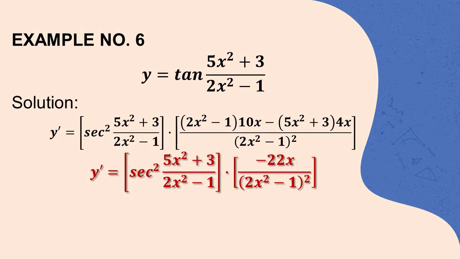So for the final answer, we have y prime equals sec squared of 5x squared plus 3 all over 2x squared minus 1, times negative 22x all over the quantity 2x squared minus 1 squared. In this problem, we apply the quotient rule and the derivative of the tangent.